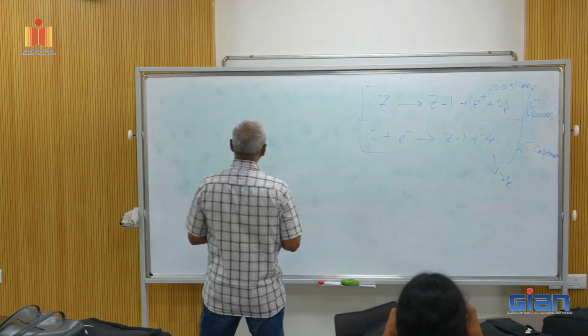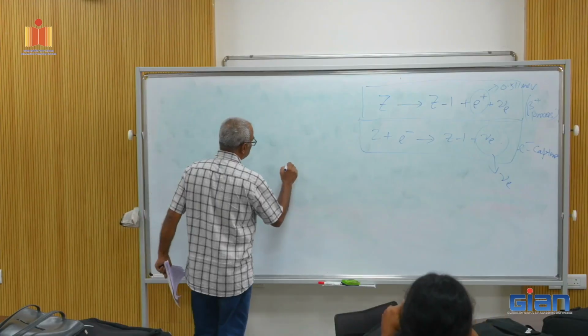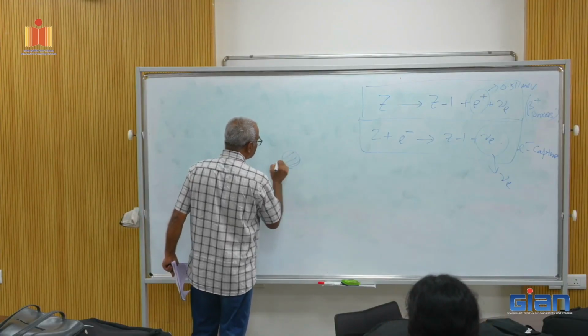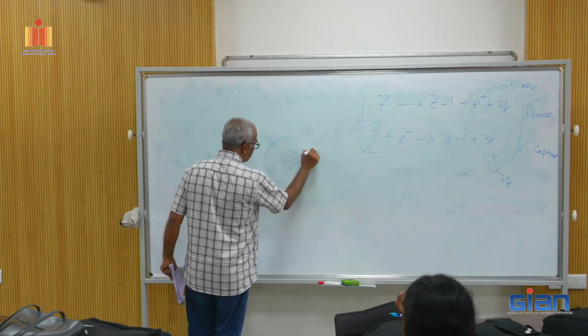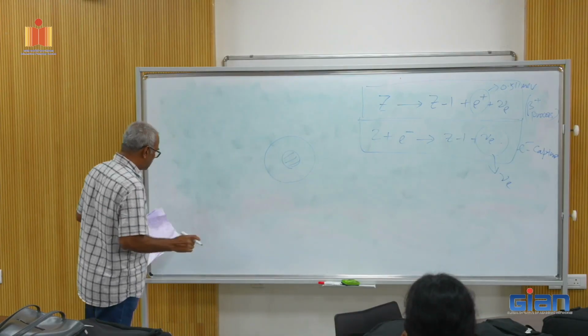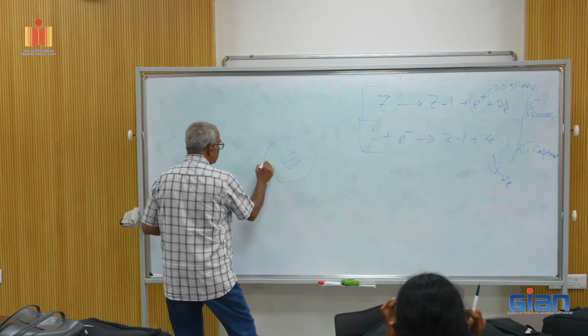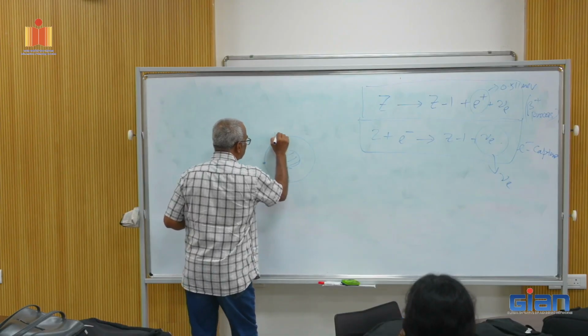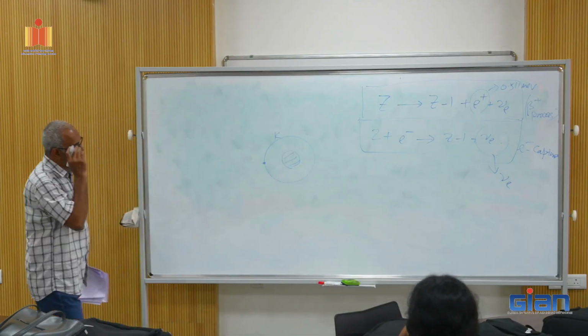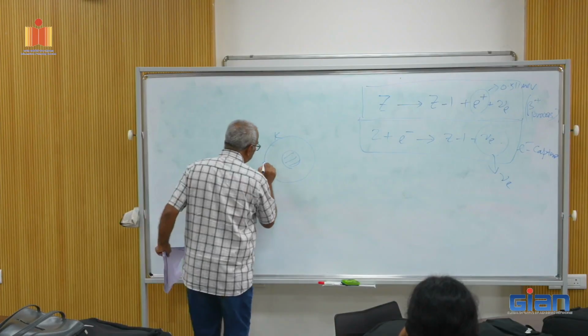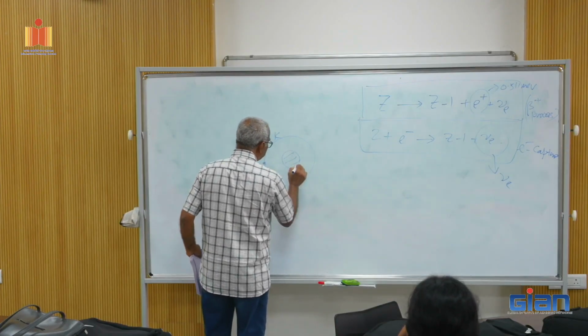So what happens, suppose you have a nucleus, something like this, and the electron orbit will be like this. Pictorially, maybe this is the K shell, the immediate shell, and the electron is here. The electron is absorbed by the nucleus.